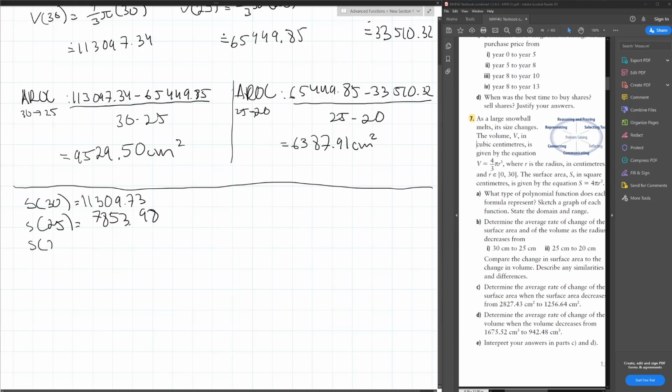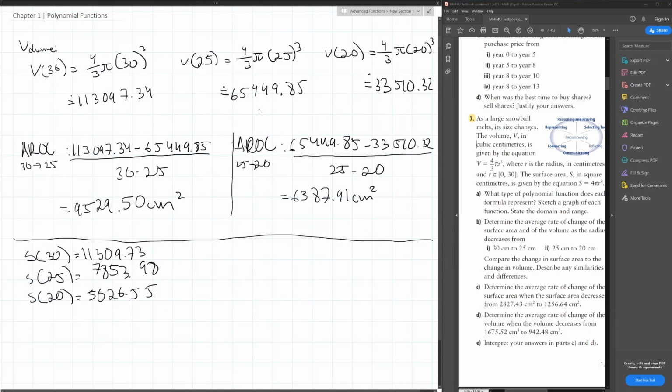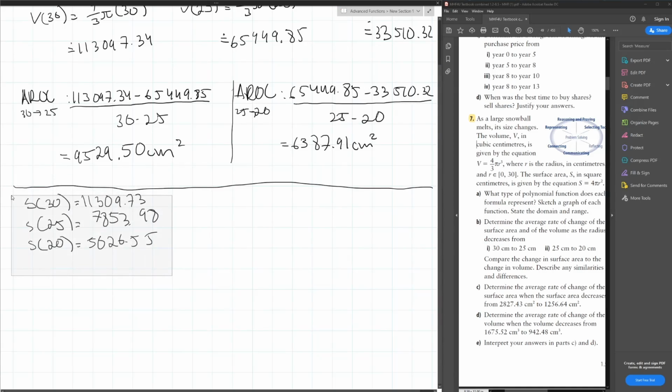Then we have S of 20 is equals to 5026.55. And those are our values. Again, this is what you should write out for your actual solutions on a test, but just because I'm trying to save us some time and not make this video forever, I'm trying to make it a little bit shorter.